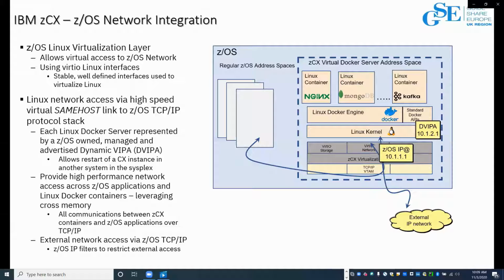For an endpoint that resides on a different z/OS or different platform altogether, an external network interface is selected. This selection is based on what the best available route to this endpoint is from the z/OS TCP/IP stack's perspective. In order to limit who can access the containers running in zCX, IP filter rules can be configured in the z/OS TCP/IP stack.